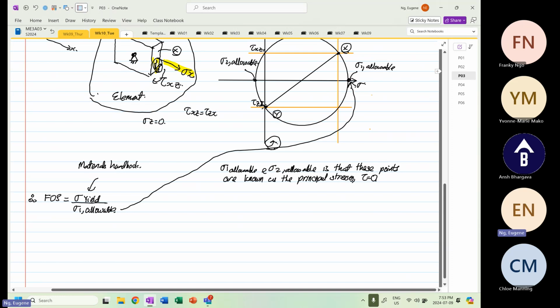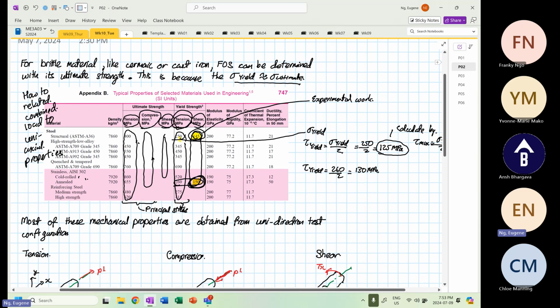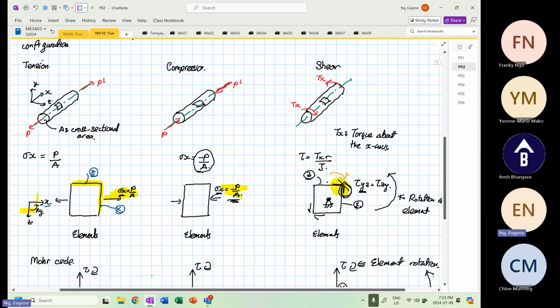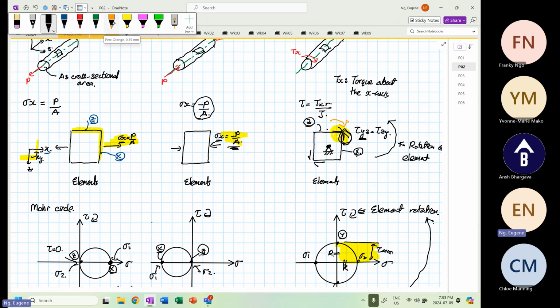The shear stress is equal to 0. For the yield from the materials handbook, if we look at it in tensile, the yield, this 250 is taken when the shear stress is equal to 0 at the principal point. At this point over here.